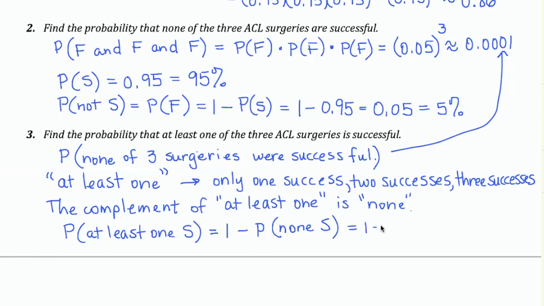So I do 1 minus the number that I got previously. Again, this is an approximate answer of 0.9999. Now that's very close to 1. So what that's telling us is it's extremely likely that at least one of the 3 surgeries would be successful.